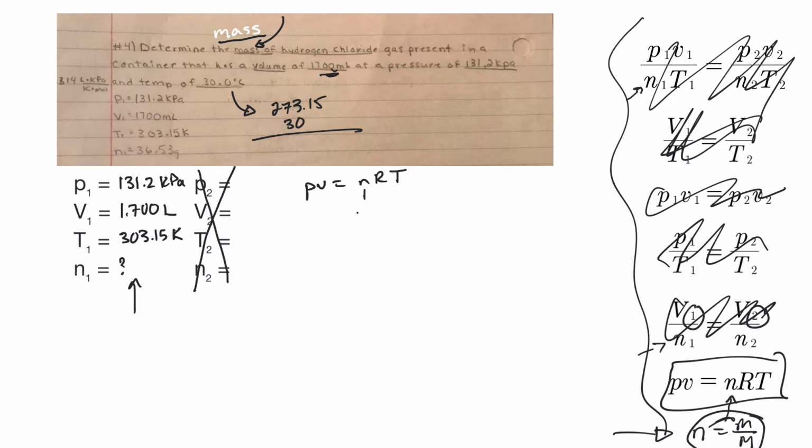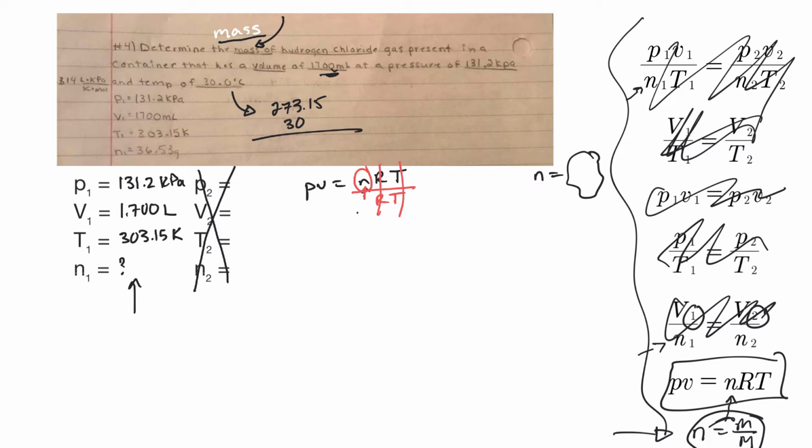So this is what I want to solve for, the moles. So I want moles on one side of an equal sign by itself, and then everything else over there. So using this formula here, the easiest thing to do to get rid of the other stuff is just to divide both sides. If I want to get moles by itself, I'm going to divide this side by RT, because when I do that, they'll cancel, and then moles are all by themselves.